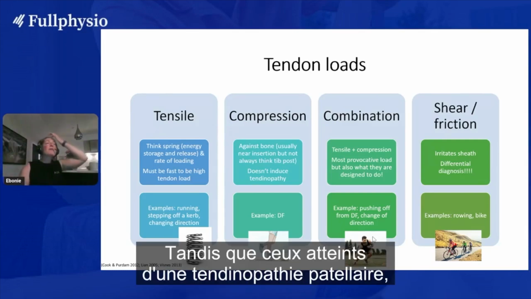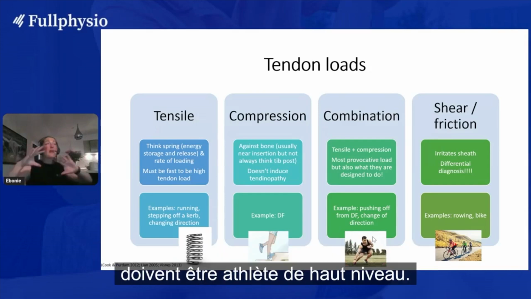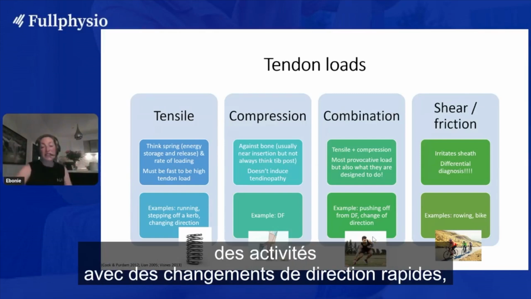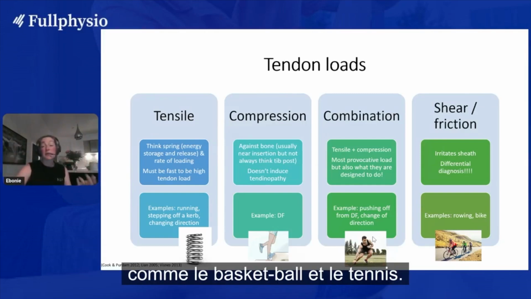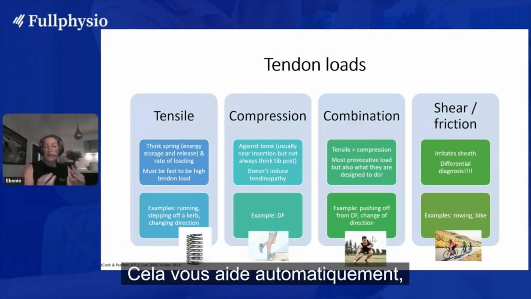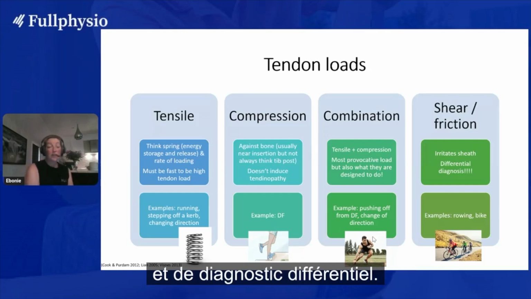Whereas for people with patellar tendinopathy, to use your patellar tendon as a spring, you have to be a very high load athlete. You have to be jumping or doing those big lunging, fast change of direction activities like basketball and tennis.